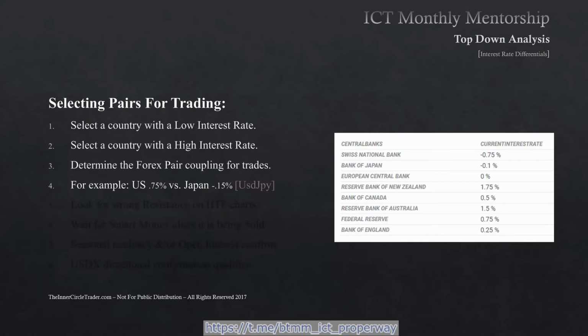So I have to adjust it and show you for your notes. Versus the Japanese economy, and their central bank rate was negative. And the two respective countries and their currencies would be paired up in the form of dollar-yen.